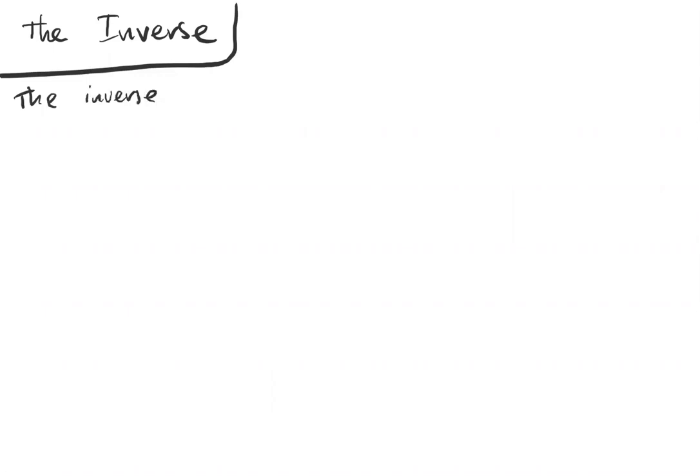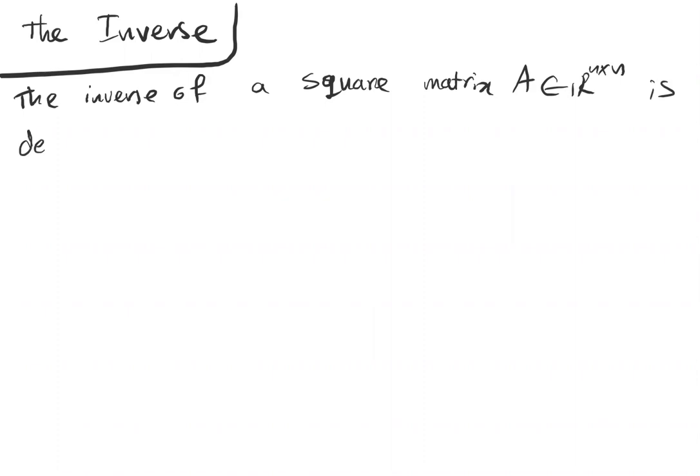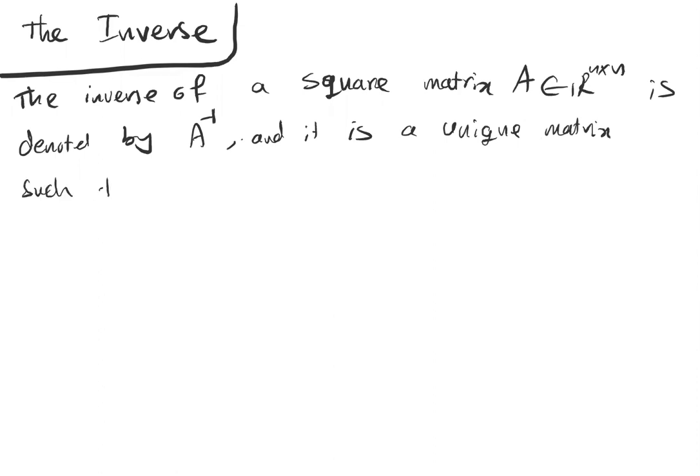The inverse of a square matrix A, which is in R^(n by n), is denoted by A to the power minus 1, and it is a unique matrix such that A^-1 A is equal to I is equal to A A^-1.